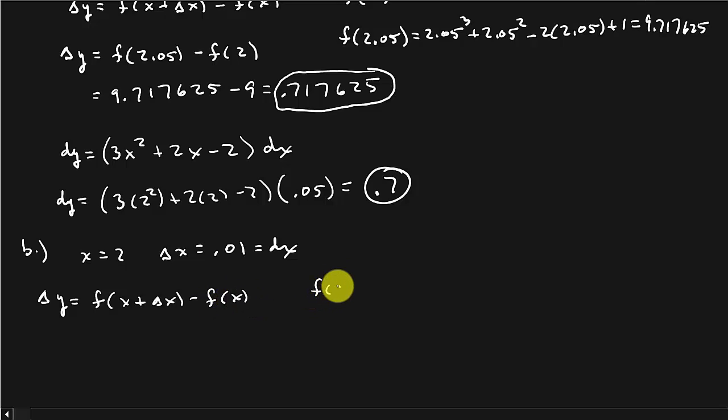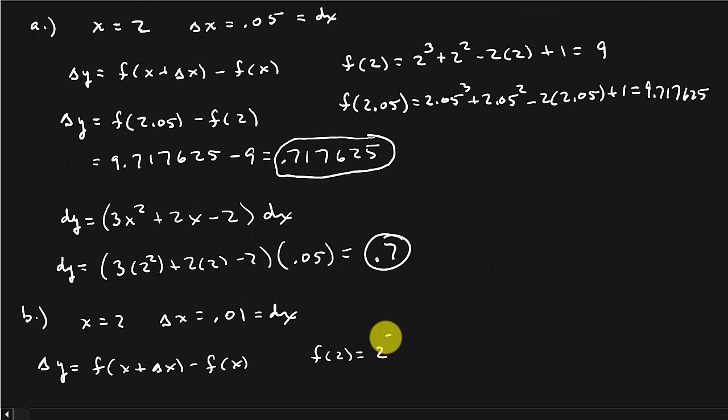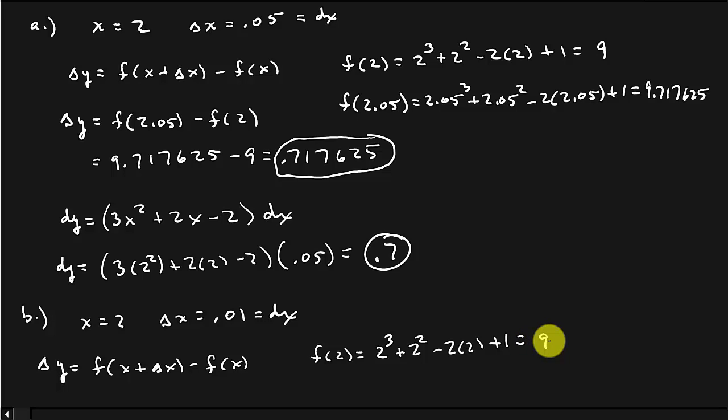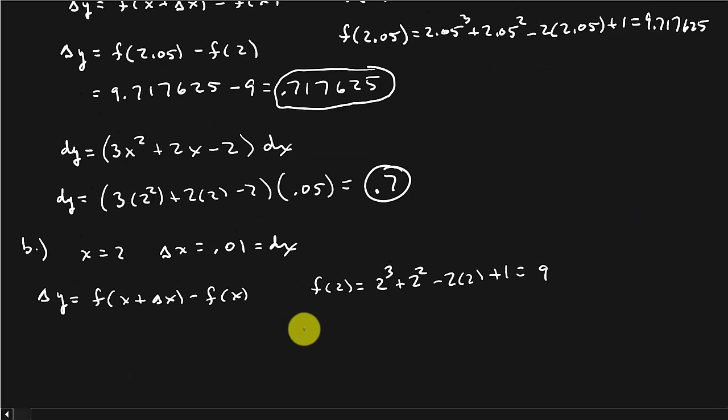And so we've got f of 2 is equal to 2 cubed plus 2 squared minus 2 times 2 plus 1. Oh, well, we've already calculated that. That's 9. Okay, and now I need f of 2.01, which is 2.01 cubed plus 2.01 squared minus 2 times 2.01 plus 1.